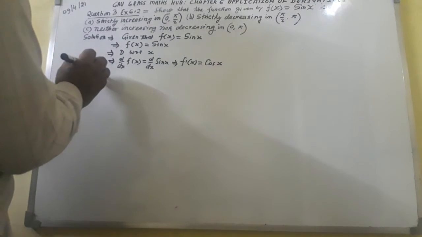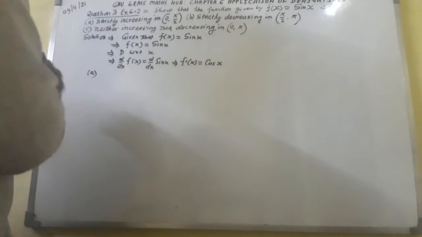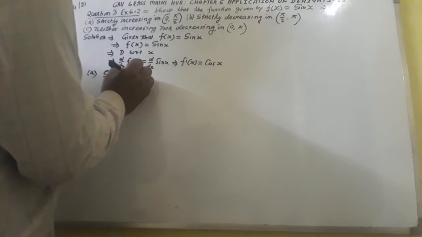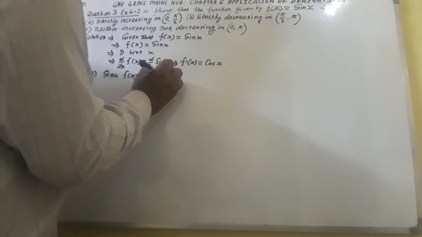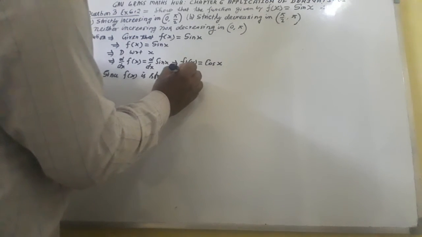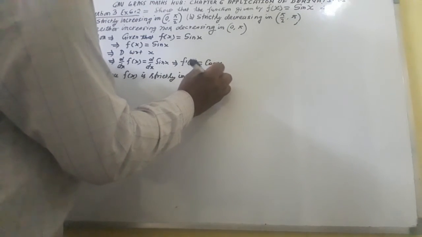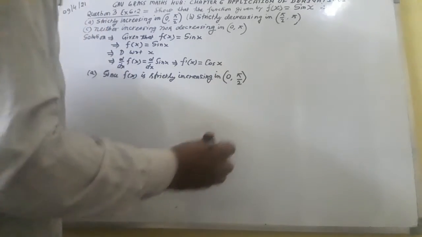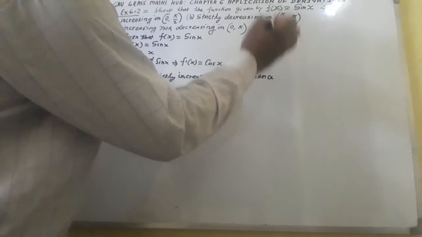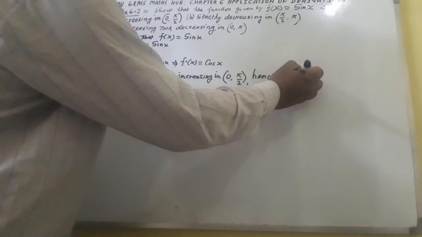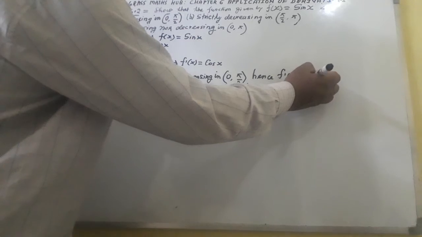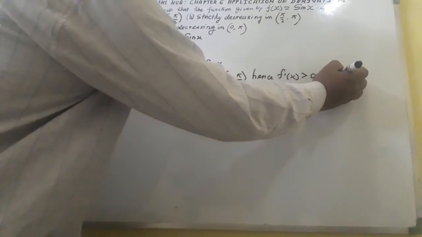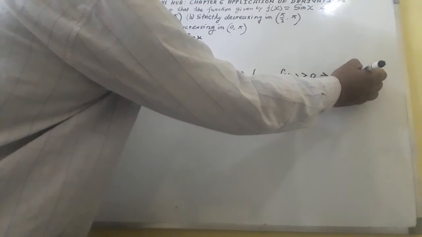Now part (a). Since f of x is strictly increasing in the open interval 0, pi by 2, hence f dash of x must be greater than 0, which implies cos x must be greater than 0.